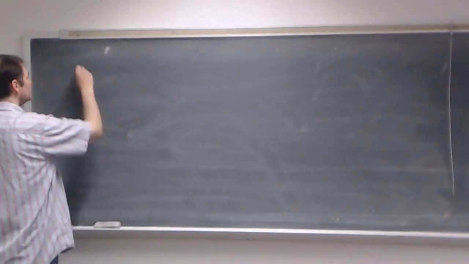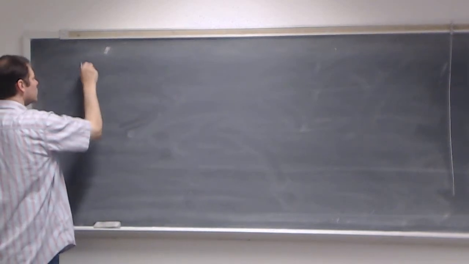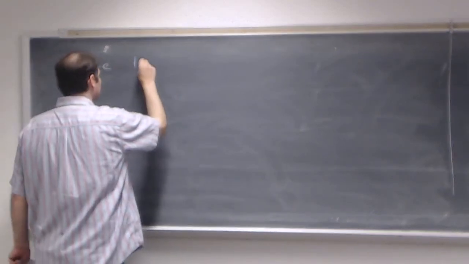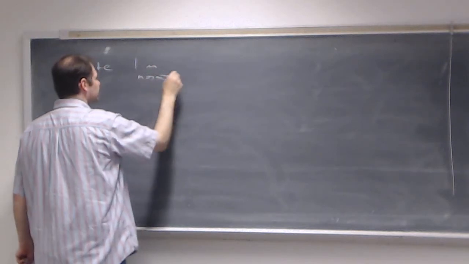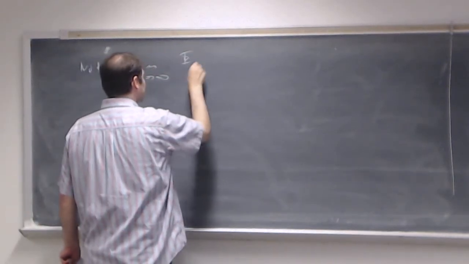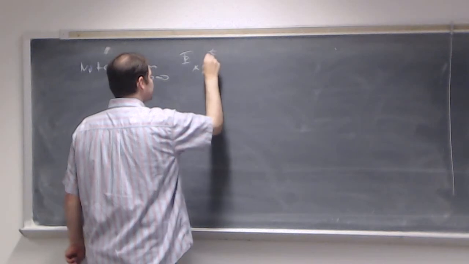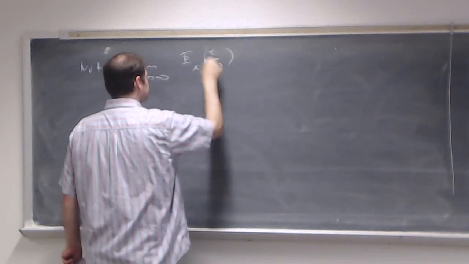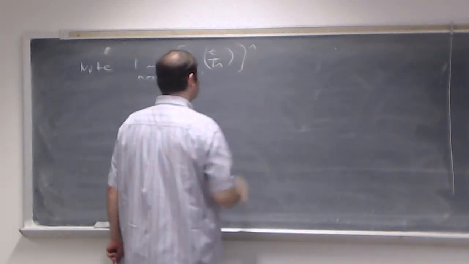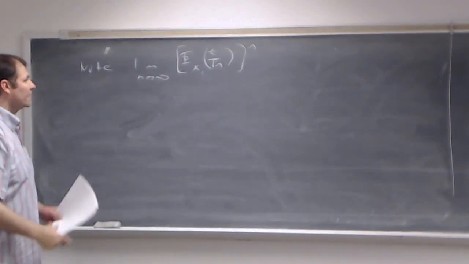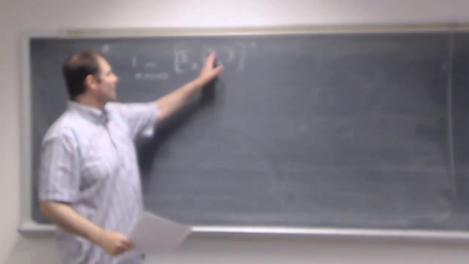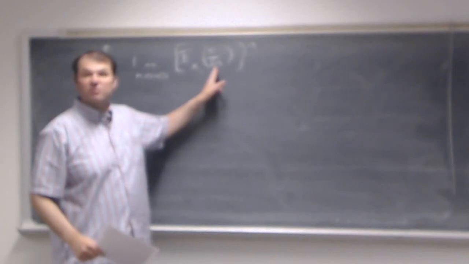So here, let's note that the limit as n goes to infinity of phi sub x sub 1 of t over the square root of n, raised to the nth power. As n gets really huge, t over really huge numbers goes to 0.